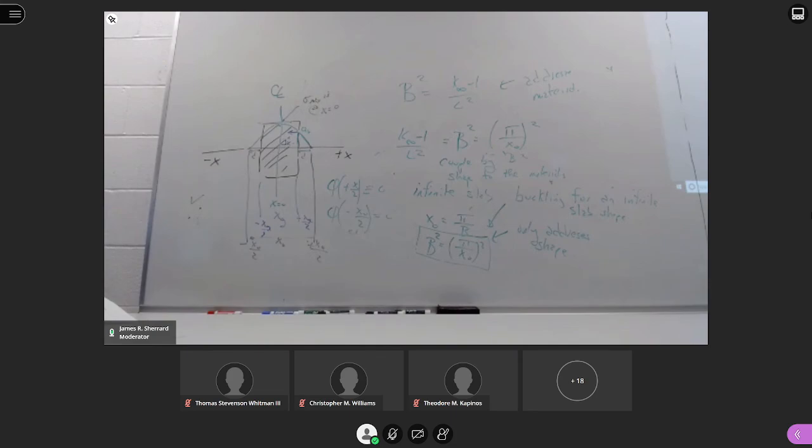If I tell you that the flux is 5 times 10 to the 15th neutrons per square centimeter per second, and it's thermal, and the specific flux is 5 times 10 to the 15th neutrons per square centimeter per second times the cosine of pi x over x of 0. I want you to tell me what is the flux at the particular point x is equal to minus x of 0 over 3. Also, what is the neutron current density at that exact point?